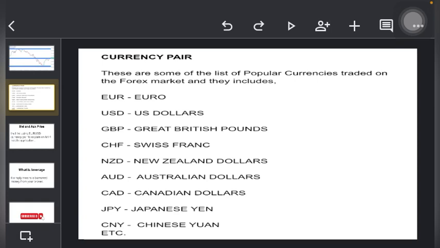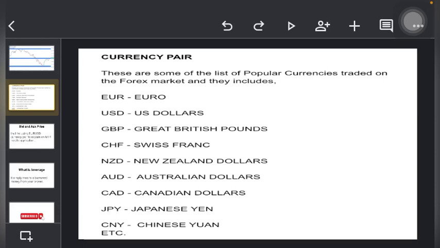We have the New Zealand dollar, abbreviated as NZD. We have the Australian dollar, abbreviated as AUD. We have the Canadian dollar, abbreviated as CAD. We have the Japanese yen, abbreviated as JPY. We have the Chinese yuan, abbreviated as CNY.